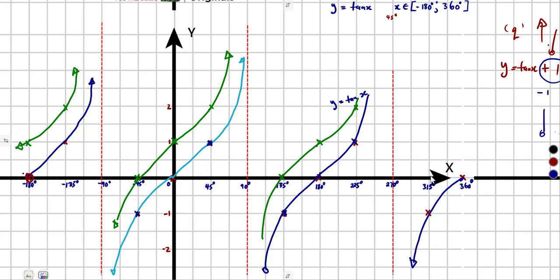Minus 1 shifted up 1 unit, it's now at 0. 0 is now at 1. So we're going to have a shape like this. The graph has shifted. That's y is equal to tan of x plus 1, 1 unit up. Every point is going up. From the original graph that we had, every point will be going up.